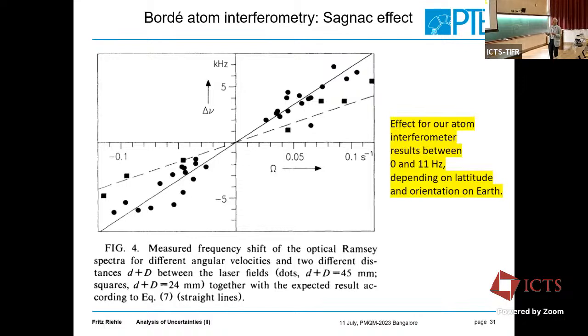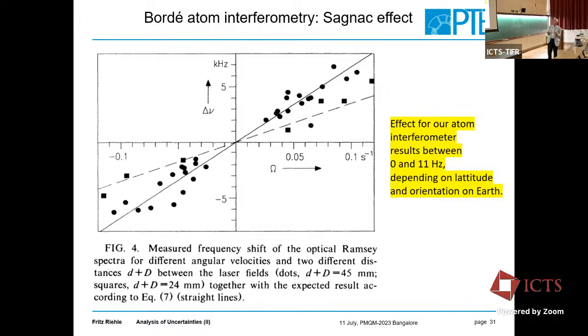Okay, but if we now think that our experiment was on the rotating Earth, we have to expect such a shift. And if you calculate it, the effect for our atom interferometer results between 0 hertz at the North Pole or South Pole and 11 hertz at the equator, depending on the latitude on Earth.